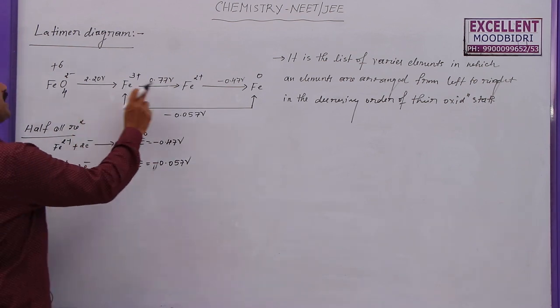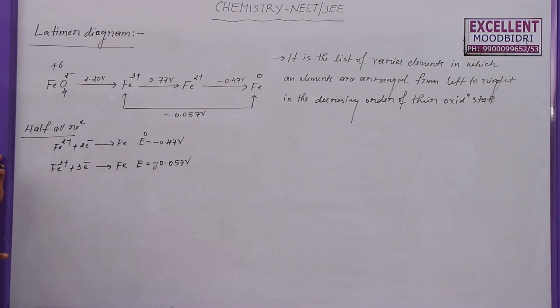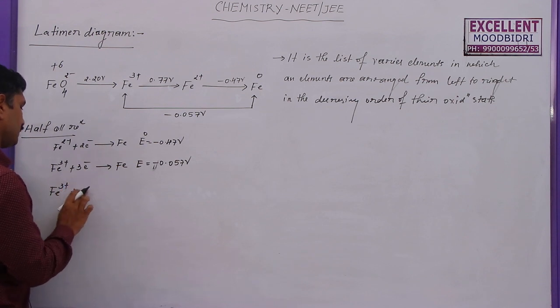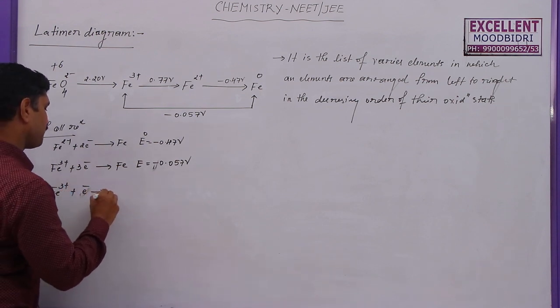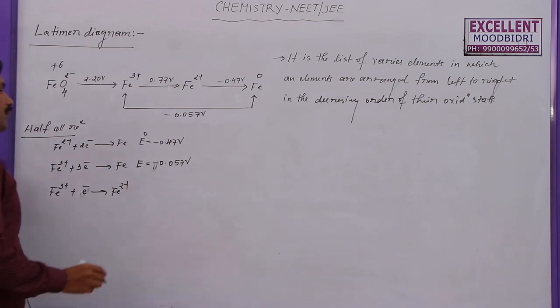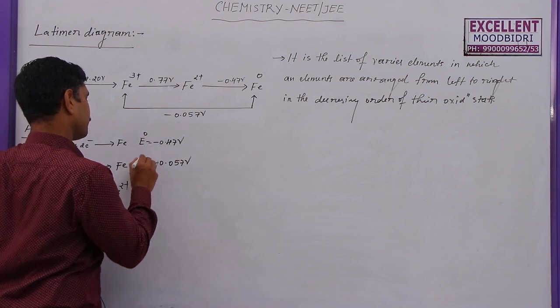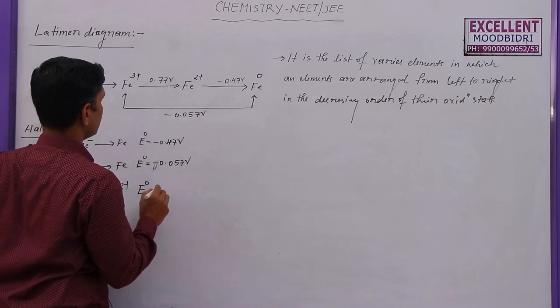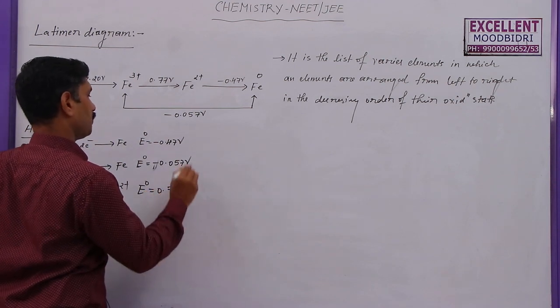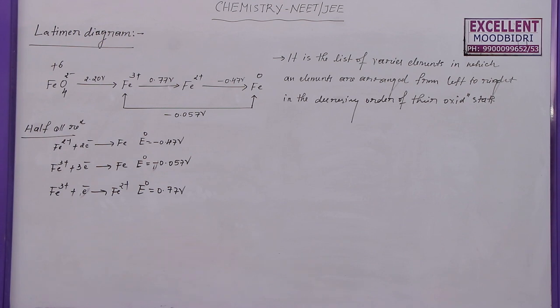Next, Fe3 plus to Fe2 plus means 1 electron: Fe3 plus plus 1 electron forms Fe2 plus. The standard electrode potential is 0.77 volt.